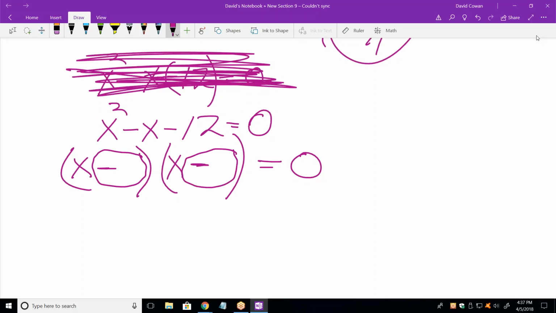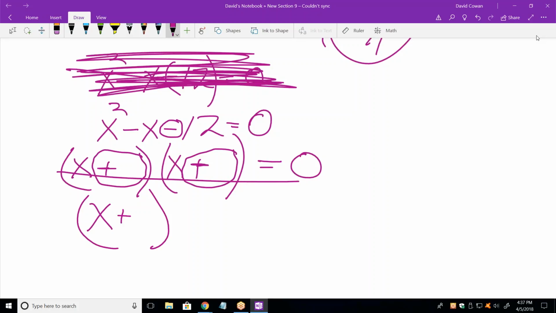So if they were both minus, you would have a positive number there. If they were both plus, you would have a positive number there. Because we have a negative number there, one has to be plus, one has to be minus.